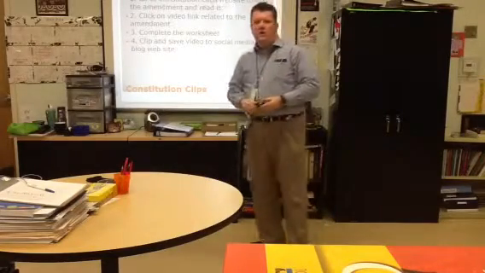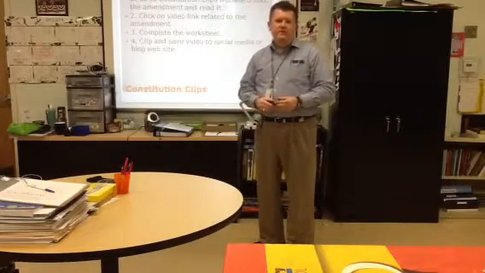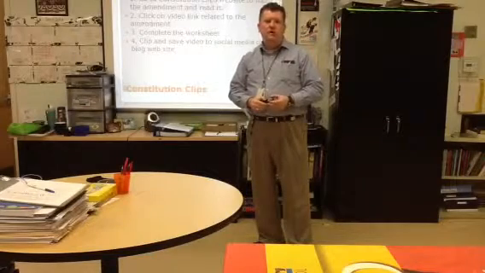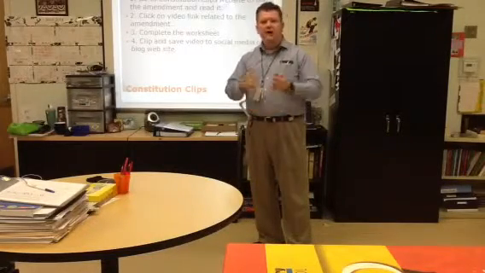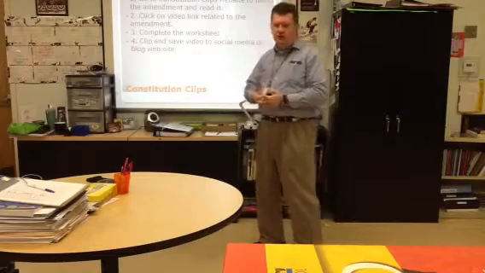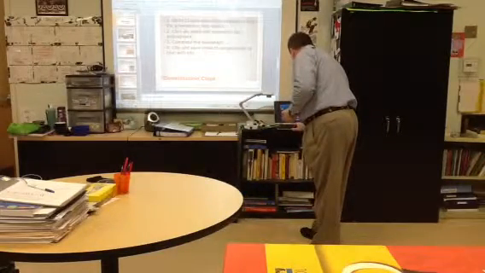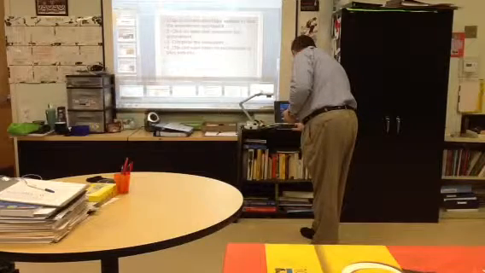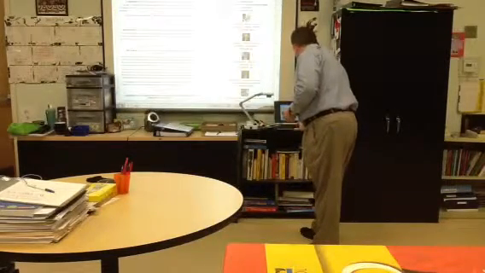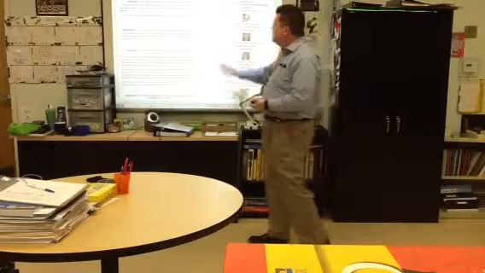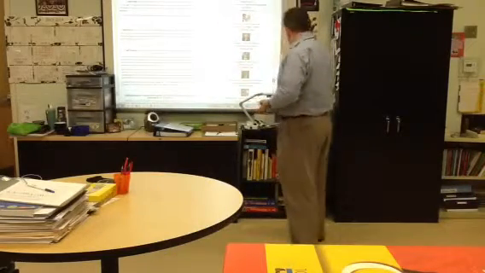So what I would do is have the students first go to the C-SPAN in the Classroom website that deals with Constitution clips. And I'll go ahead and load where I put that. Here are the different amendments.